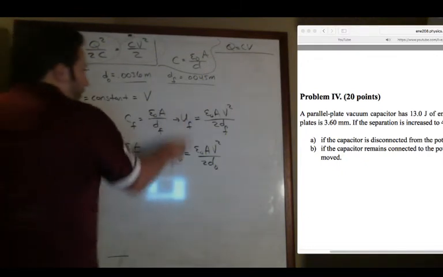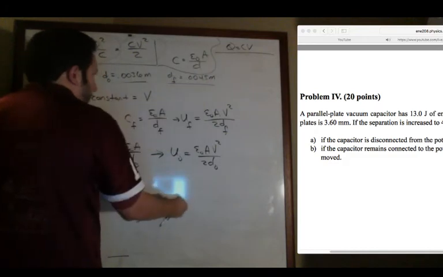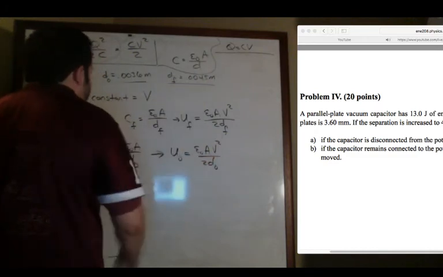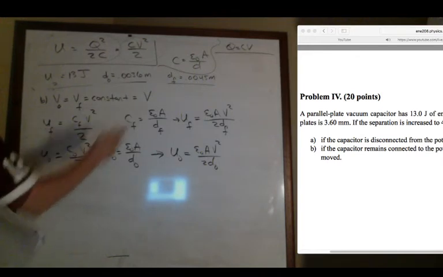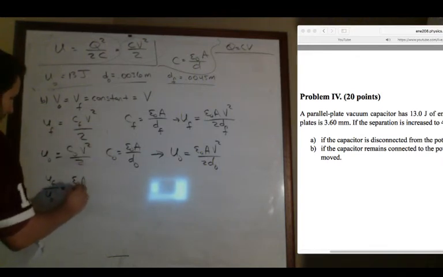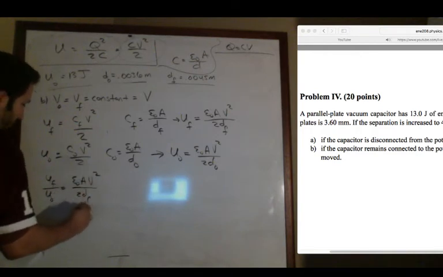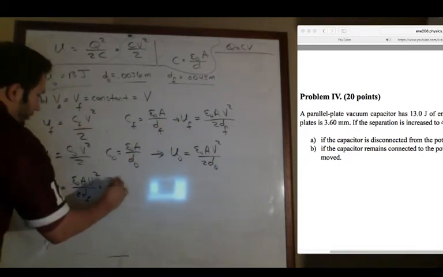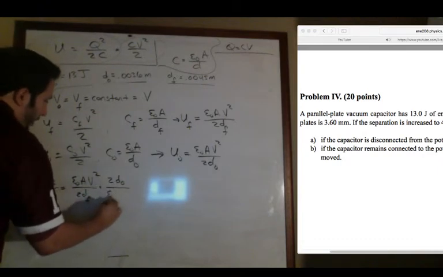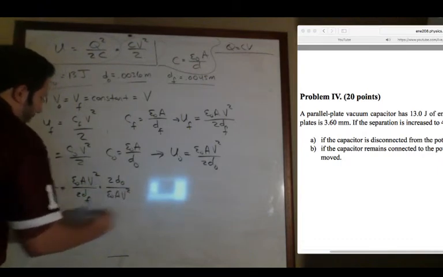Okay, let's go ahead and divide these two. That way I can cancel everything except for these two distances. So if I'm trying to solve for my final energy, UF over U naught is equal to the top fraction, epsilon naught A V squared over 2 DF, times, whenever you divide by a fraction, multiply by that fraction flipped, 2 D naught over epsilon naught A V squared.